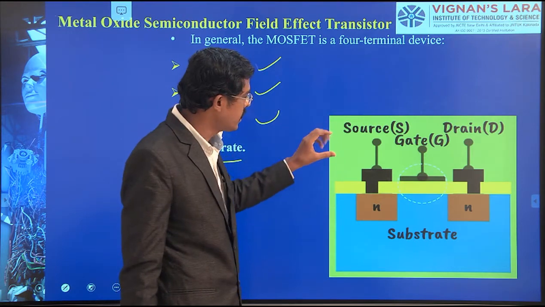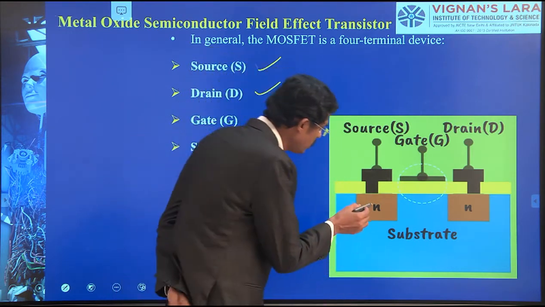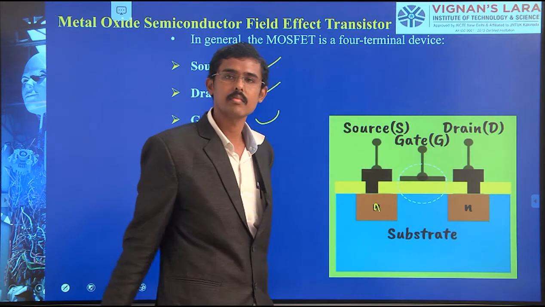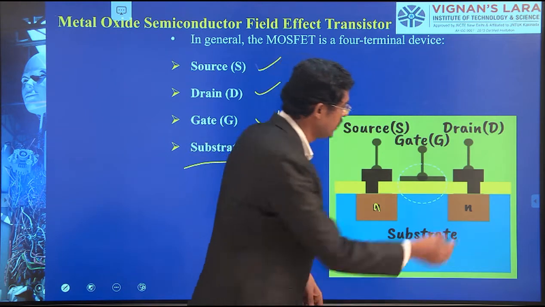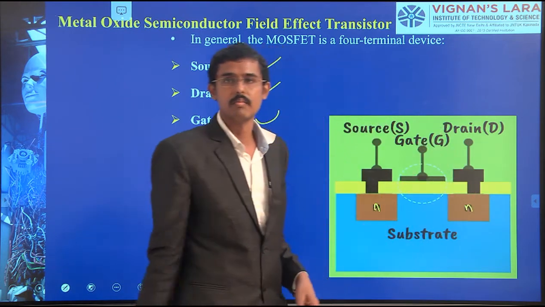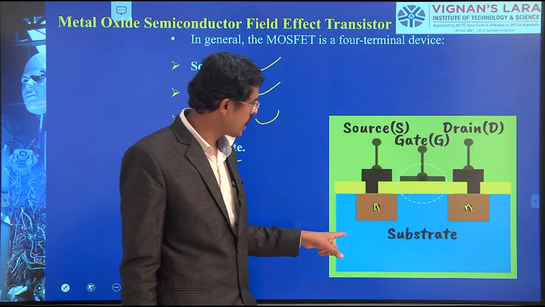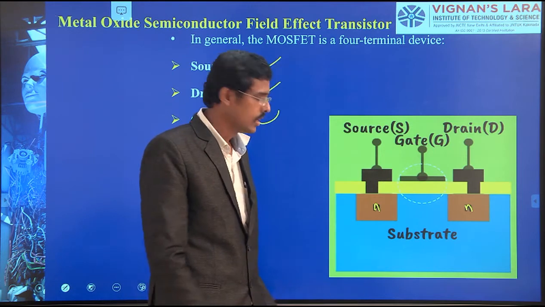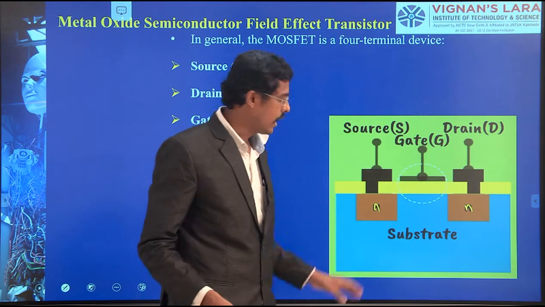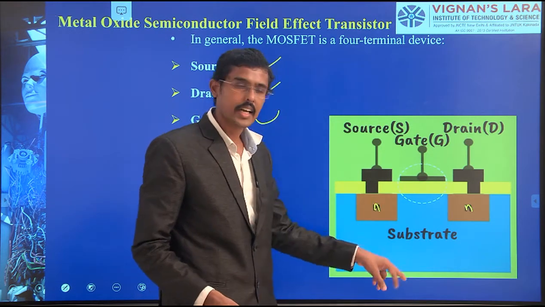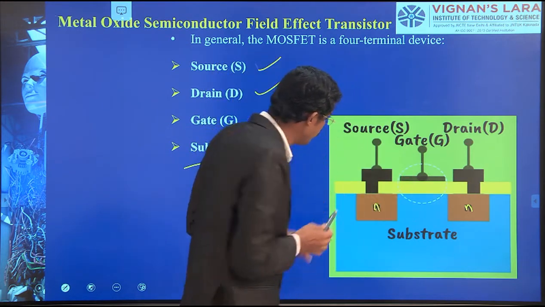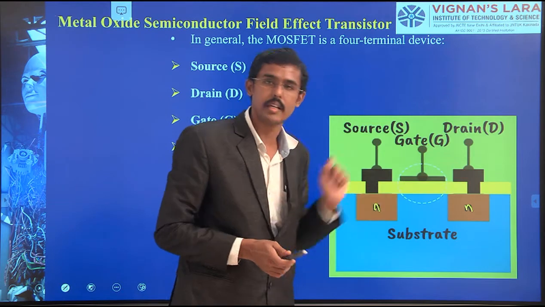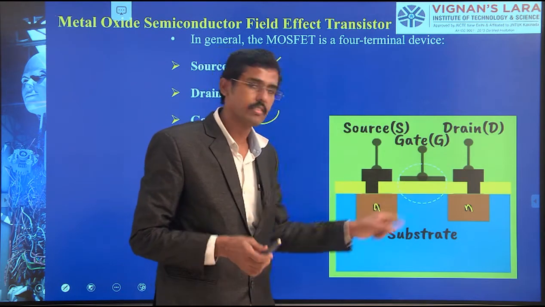And the drain has also been directly connected to another N region. The blue substrate is at the center, and it is not connected to the gate. It is insulated in between by this yellow silicon dioxide insulator.